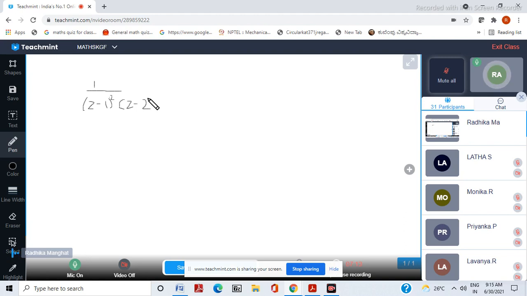All of you do it along with me. Then how can we write it? First we can write it as A by Z minus 1 plus B by Z minus 1 all square, plus C by Z minus 2. Do it and find out that also.